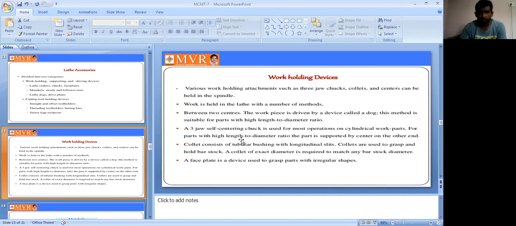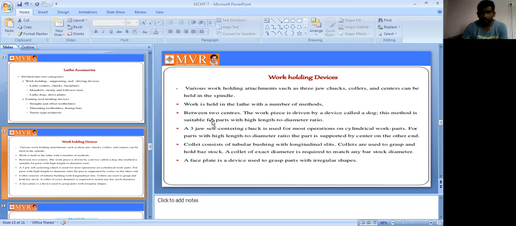For parts with a high length to diameter ratio, the part is supported by the center on the other end. That is the point.